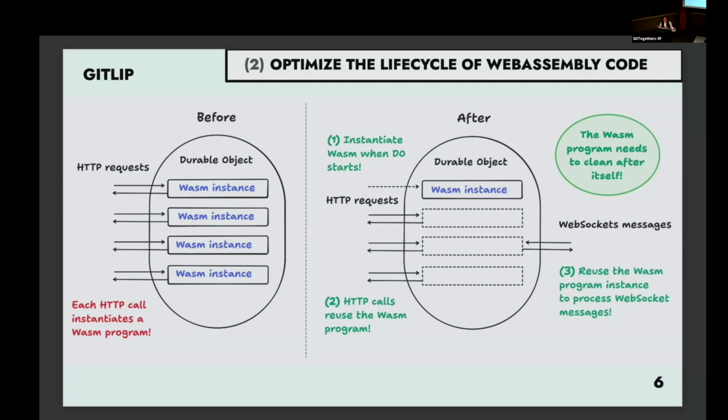Keeping in mind that durable objects act as mini computers that get booted up on each request, on the right, we show that we ultimately moved to instantiating our Wasm code whenever the durable object starts, and then we reuse the same instance for each subsequent request. This is not entirely straightforward to do, since it requires that our Git server, which is written in C, correctly cleans up after itself to allow for multiple invocations. We found Valgrind to be super useful for this purpose.